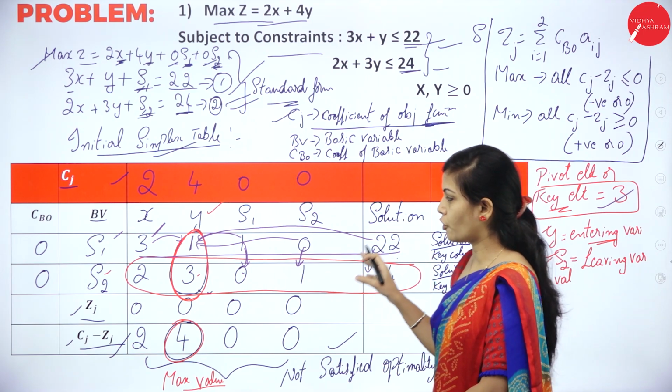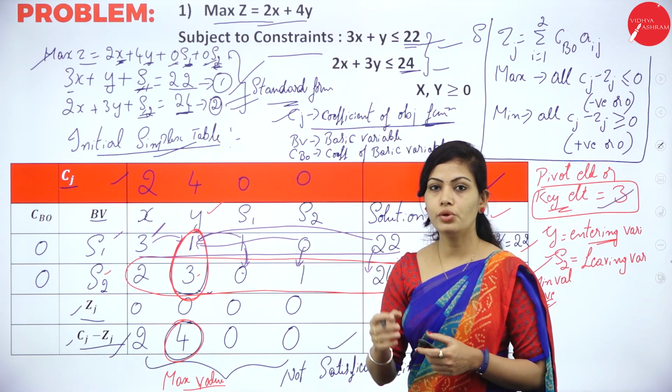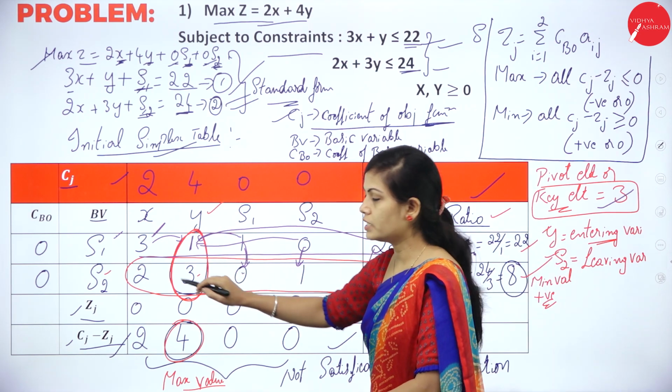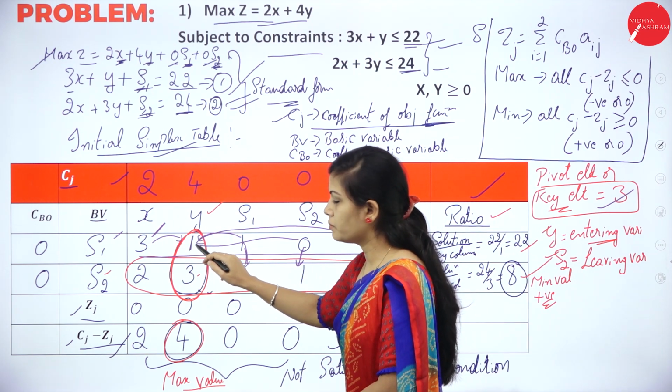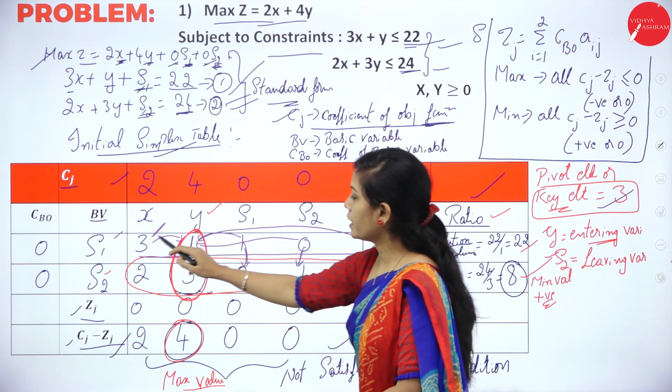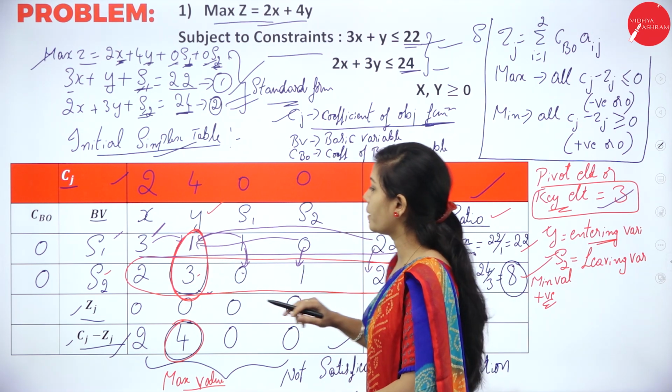By using this formula, you can find the new values in the next iteration. So first old value is 3, corresponding key column is 1, corresponding key row is 2. So 3 minus 1 into 2 by 3.